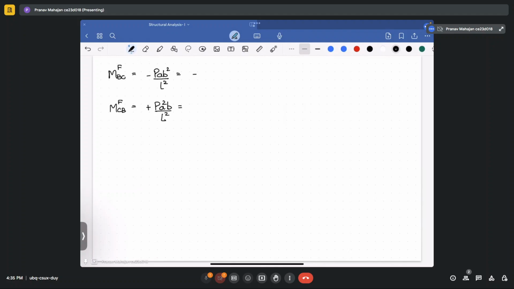So minus P is 80, 80 into 3 into 1 square is 1, divided by L square, 4 square is 16. And then 80 into 3 square is 9 into 1 divided by L square, L square is 16. So you will get the value as minus 15 kilonewton meter, and this will be equal to 45 kilonewton meter.